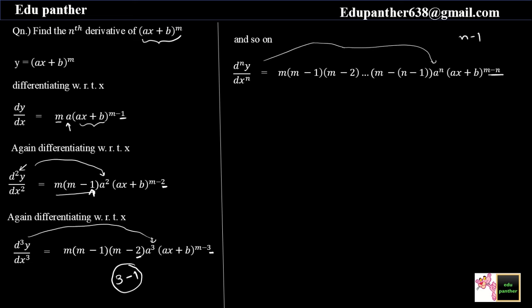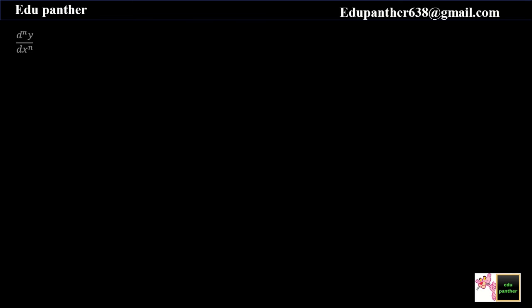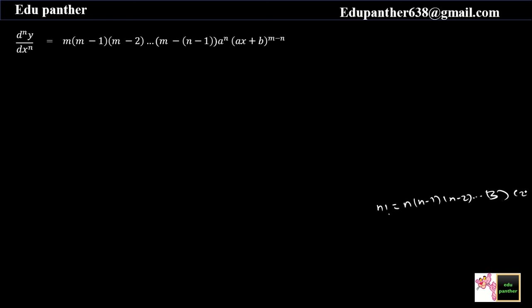Now we will try to simplify this expression further. So this was our derivative. Now if we know the formula for n factorial, so what is n factorial? It is n into n minus 1, n minus 2, similarly till 3, 2, 1. So this is your n factorial.